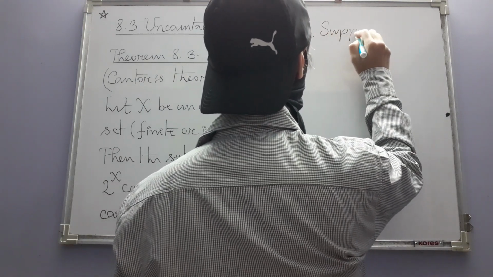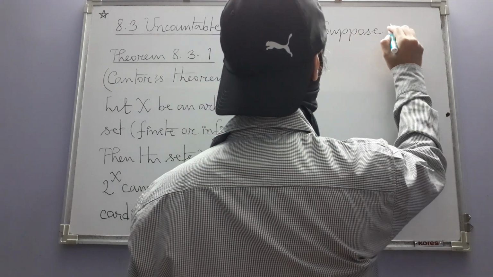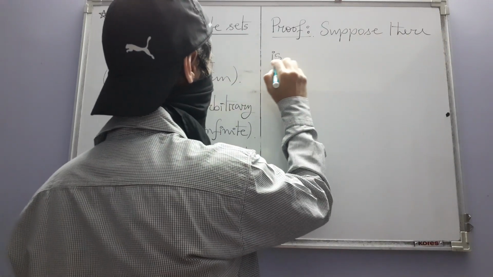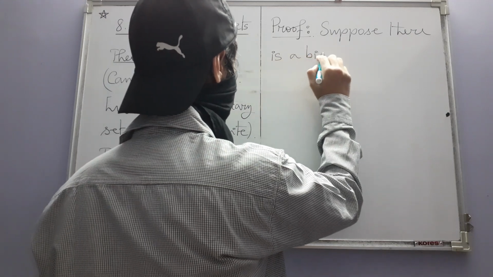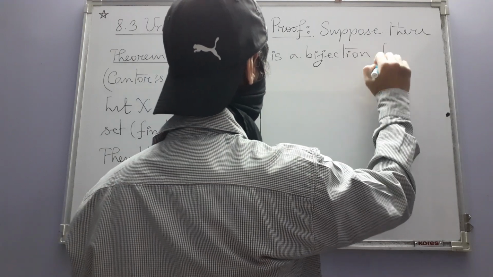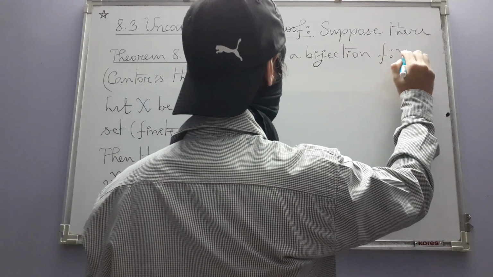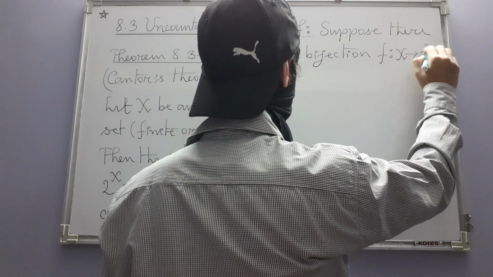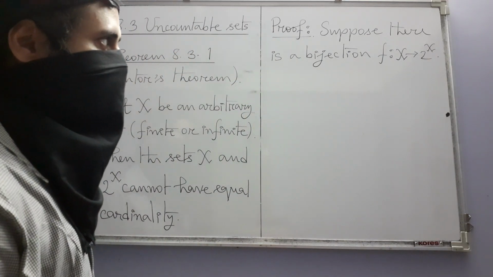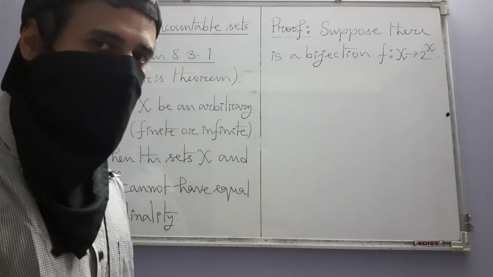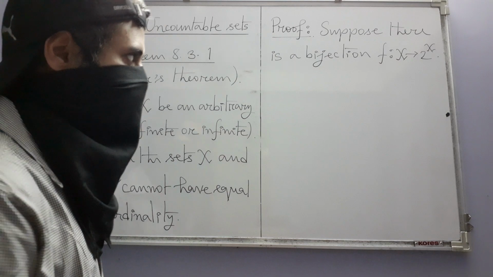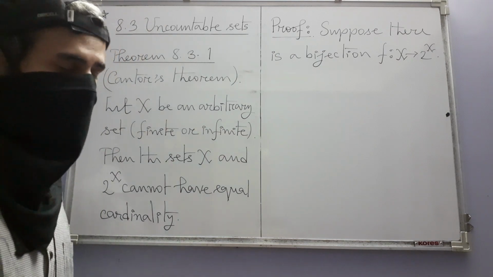Suppose there is a bijection f from X onto the power set of X. That just simply means that X and its power set have the same cardinality, by definition of having the same cardinality.